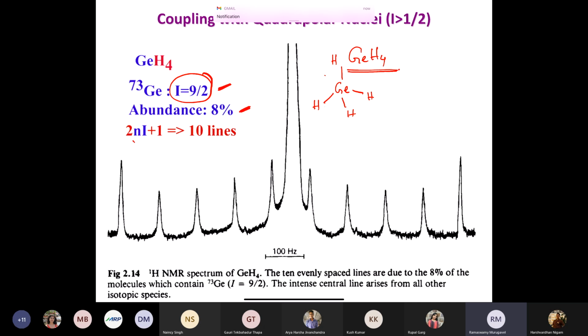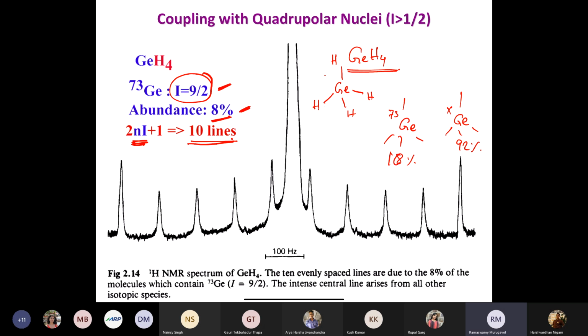So 9/2 will give rise to 10 lines. But the catch here is that I have 2 species: germanium-73 with the 4 hydrogens, 8%, and germanium that is not NMR active, 92%. I say roughly 10 and 90, I like rounder figures. So this is the 90% one-line spectrum, which goes up, up, up.